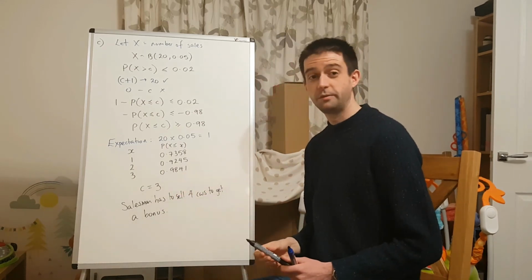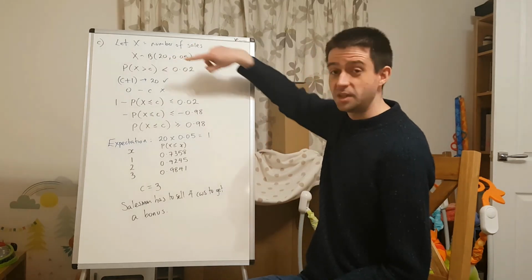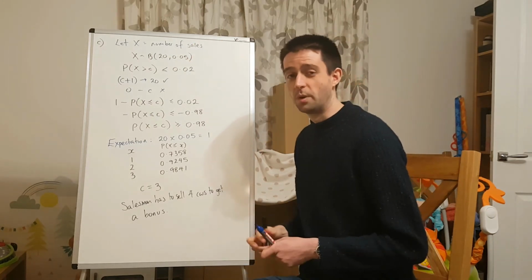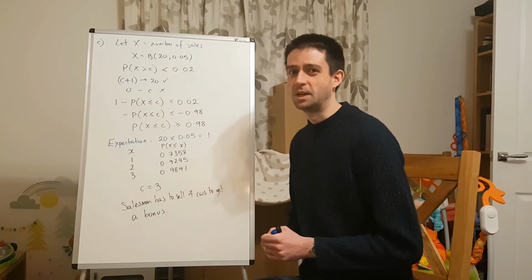So the salesman has to sell 4 cars to get a bonus, which, when you consider he's seeing 20 customers in a day, is 1/5 of the customers he has to make a successful sale to, seems unlikely.